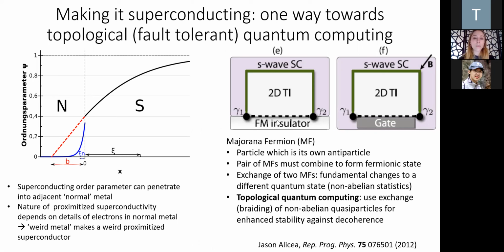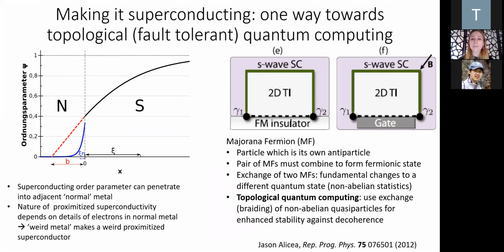A Majorana fermion is a fermion, a particle which is its own antiparticle, and it's sort of half of a fermion. So two Majorana fermions must combine to form a fermionic state. And they are realized when superconductivity is obstructed.